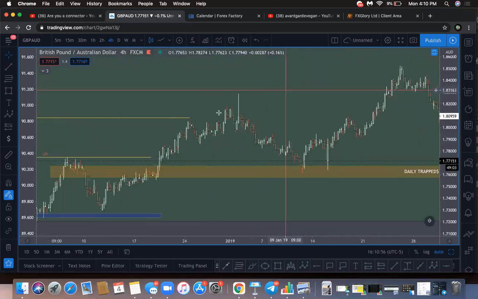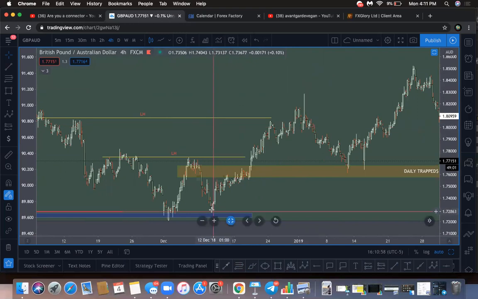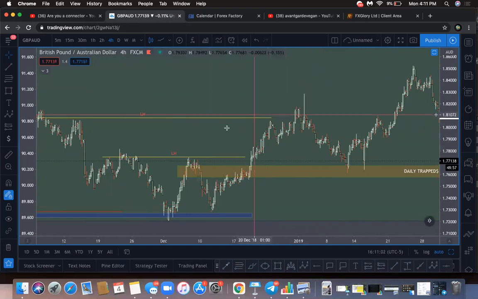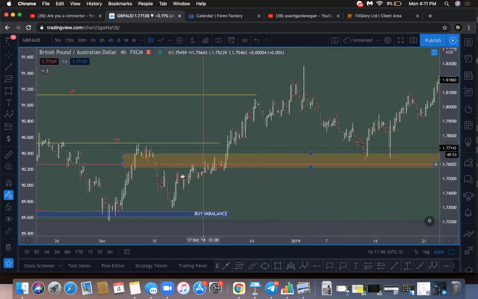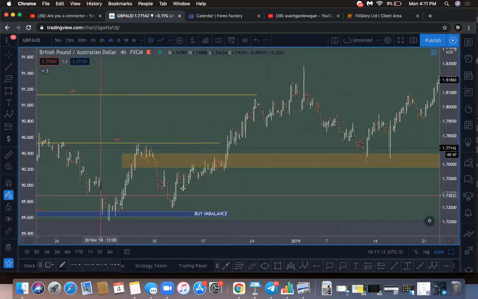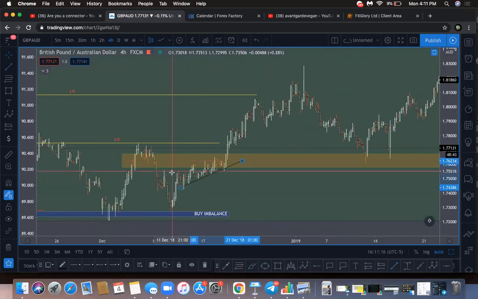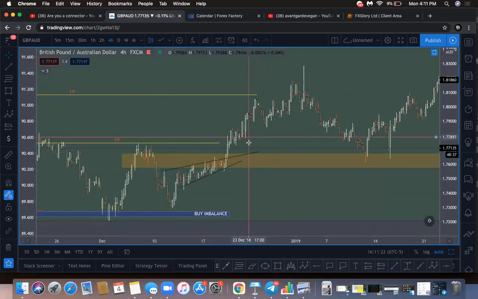So, like I said, from the daily perspective, this was the ultimate low that broke the structure. Looking at it from the 4 hour, notice how we have this slight consolidation right here. The market legit was just moving choppy upward.